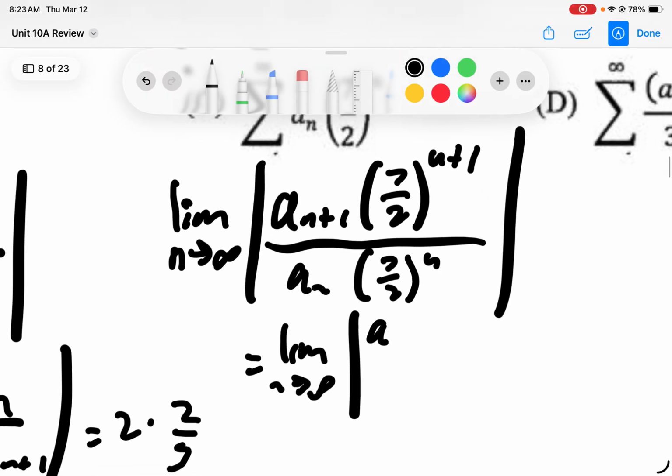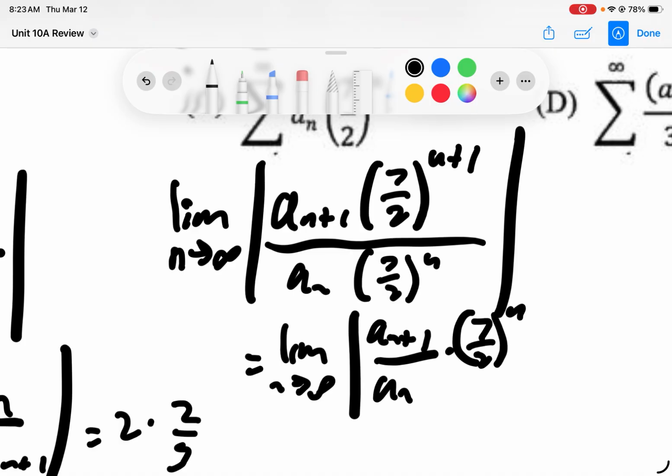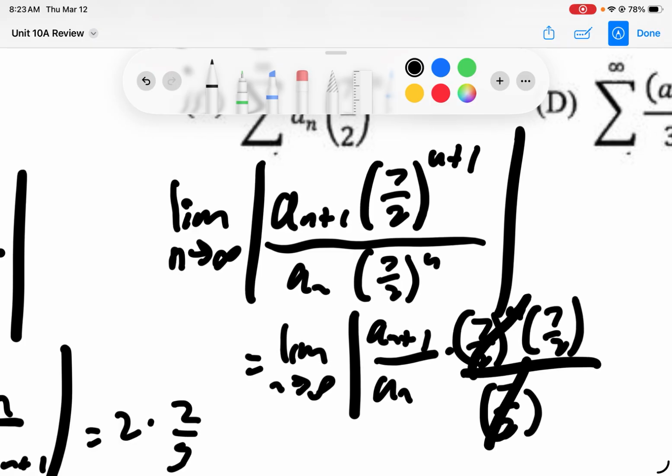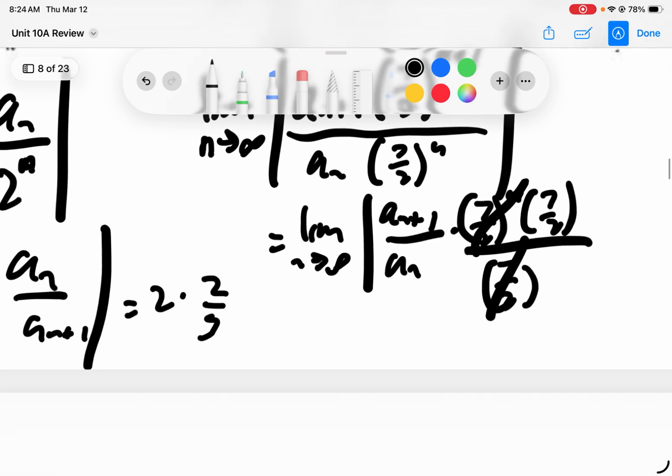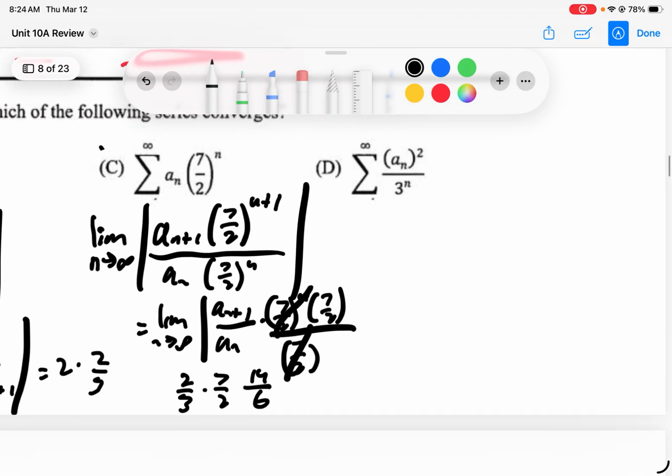I'm just going to keep it a to the n plus 1 over a to the n. I could write 2/3 in there if I wanted to. Times 7 over 2 to the power of n times 7 over 2. That cancels. So this limit is equal to 2/3 times 7/2, which is 14/6. That's bigger than 1. It diverges.